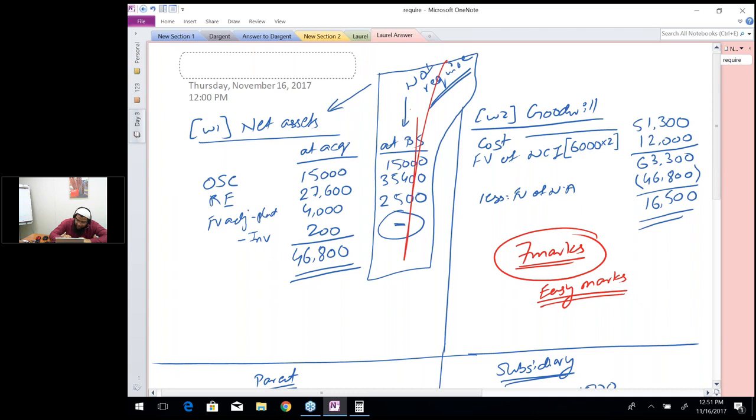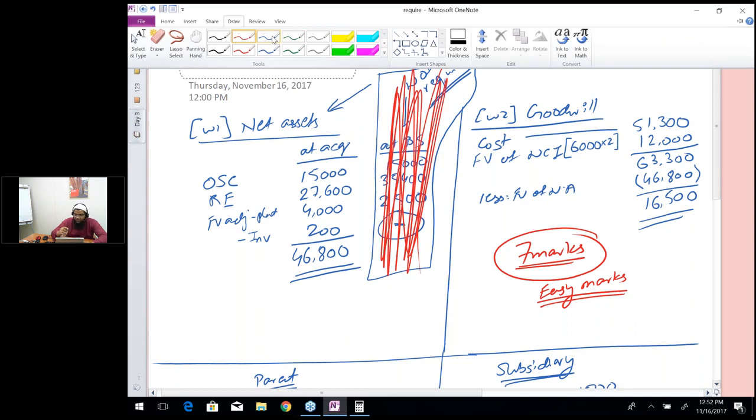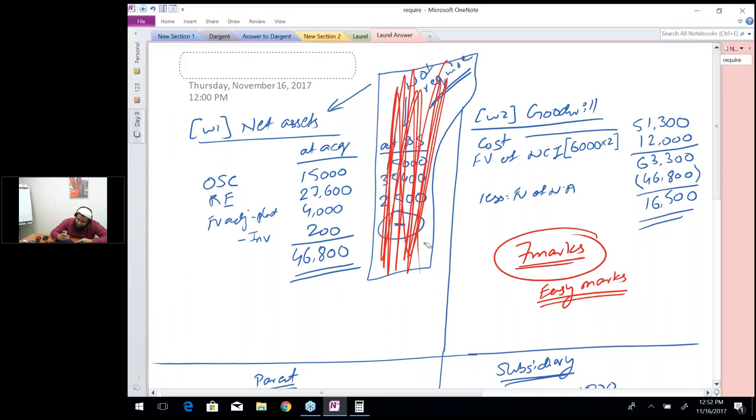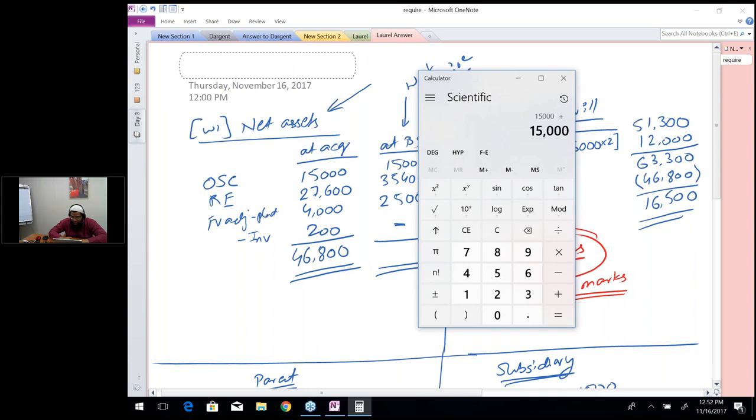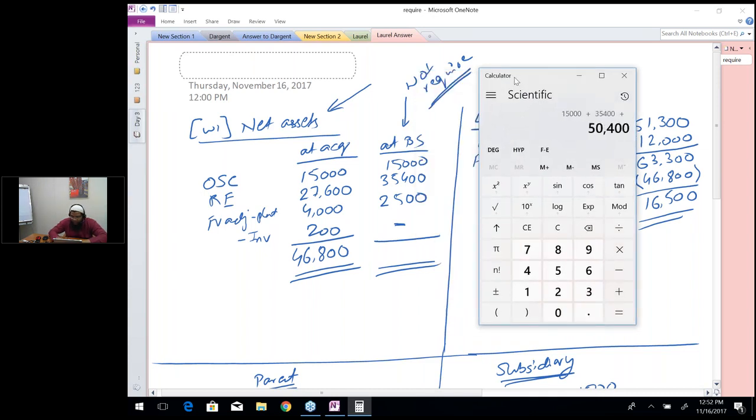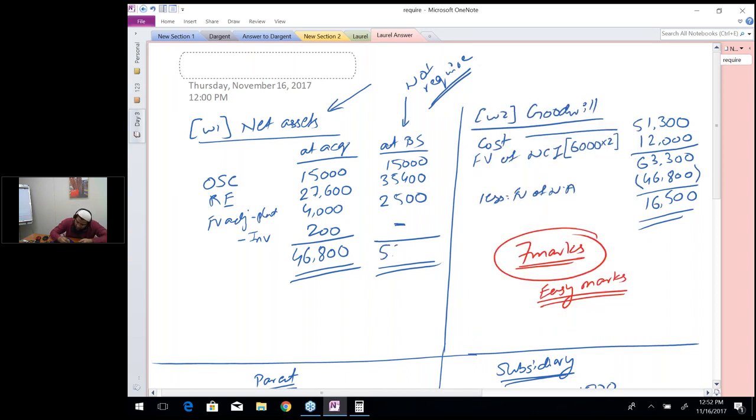Simran, this is something not required, so even if you're not getting this, it's not necessary. But I'm still calculating this total. So the total would become 15,000 plus 35,400 plus 2,500, which is going to give you 52,900.